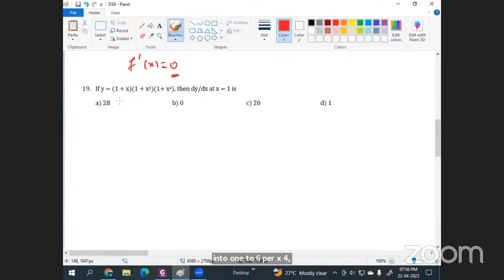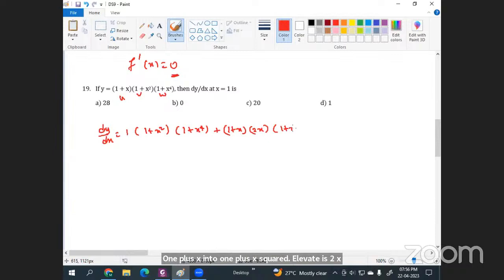How to proceed? Again, you can apply u, v, w. Then dy by dx equal to 1 into (1 plus x square) into (1 plus x power 4), plus (1 plus x) into derivative of (1 plus x square), which is 2x, into (1 plus x power 4), plus (1 plus x) into (1 plus x square) into 4x cube.